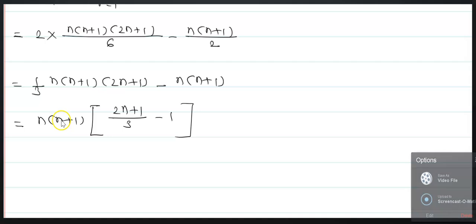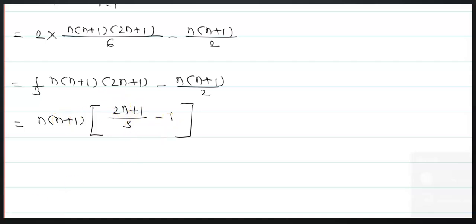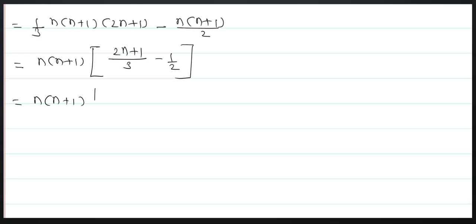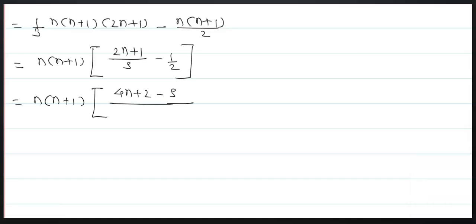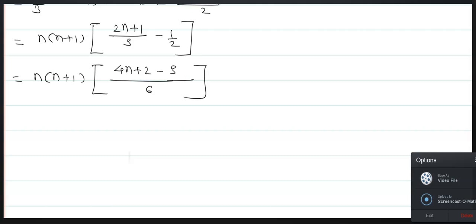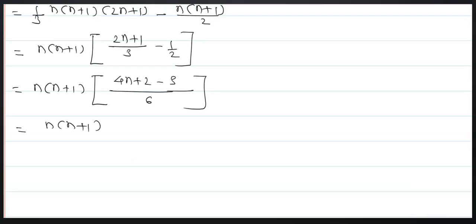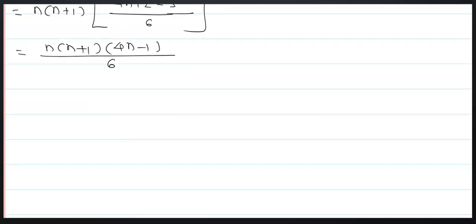Take the common n into n plus 1, 2n plus 1 upon 3 minus 1. After simplification, you will get n into n plus 1, and next is 4n plus 2 minus 3 upon 6. Therefore, n into n plus 1, 4n minus 1 upon 6.